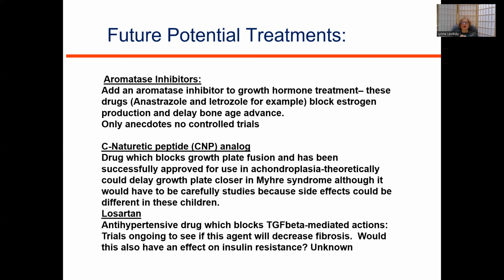So the ongoing trials are looking to see if the agent will decrease fibrosis in Myhre syndrome, and there's one suggestion from a study of 4 patients who were adults that it actually did decrease fibrosis in terms of joint mobility, et cetera. Would this kind of drug also have an effect on insulin resistance if the fibrosis is also part of the insulin resistance picture, which it may well be? We don't know, but it's something that should be studied in the future. So those might be potential treatments for the future.